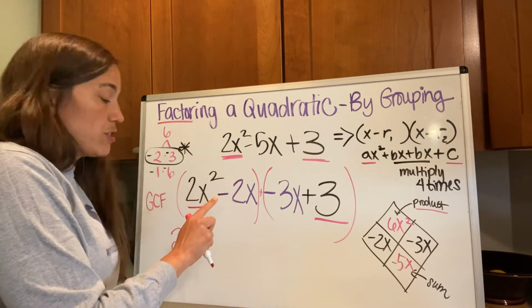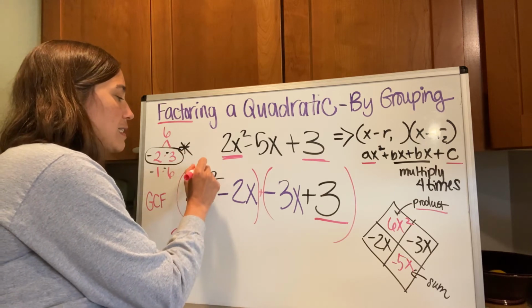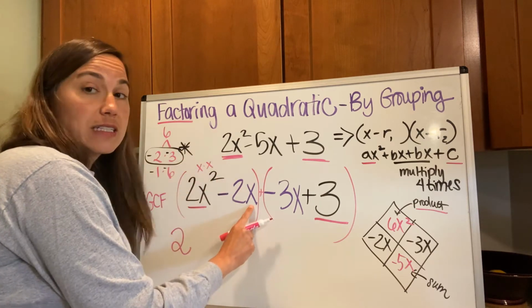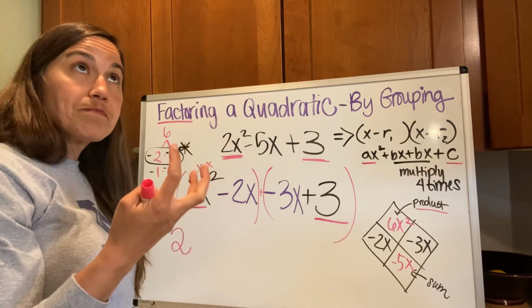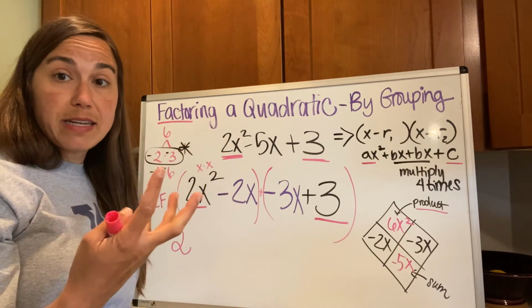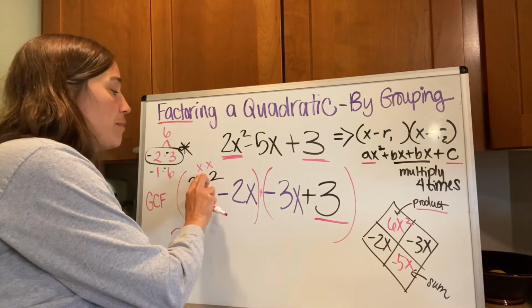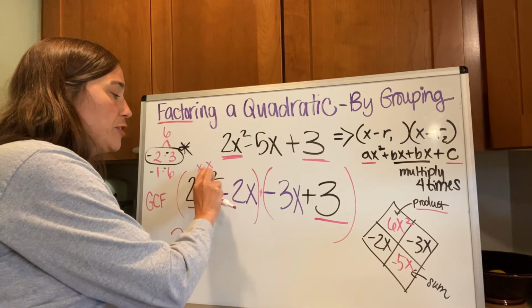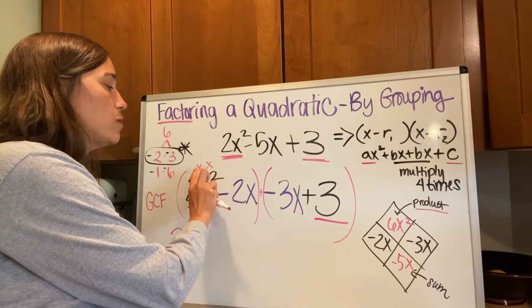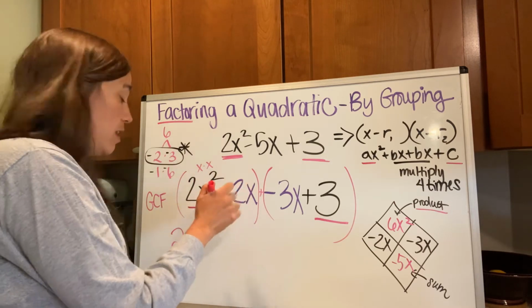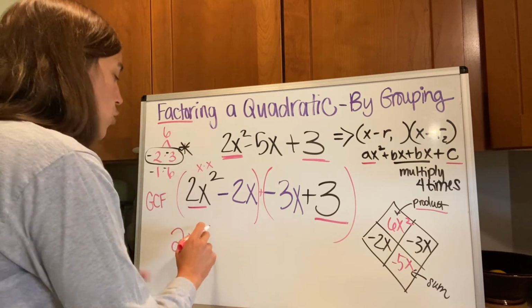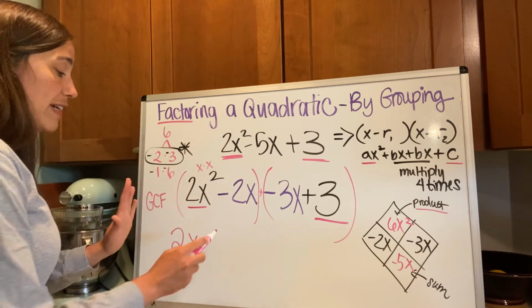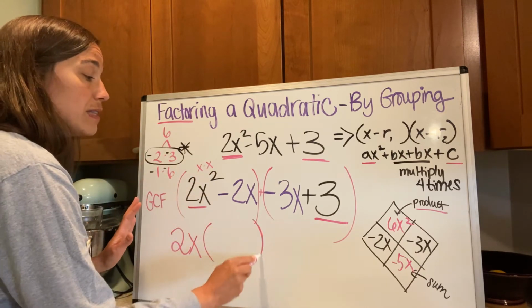I don't know if you noticed, but x squared means the same as x times x, and then there's a single x here. A factor, remember, is something that you multiply together to get another number, and when I have x squared, that does mean multiplication, x times x. So because both of these terms have an x in common, I'm going to put an x out. Because that's my greatest common factor, I'm going to write now what's left.